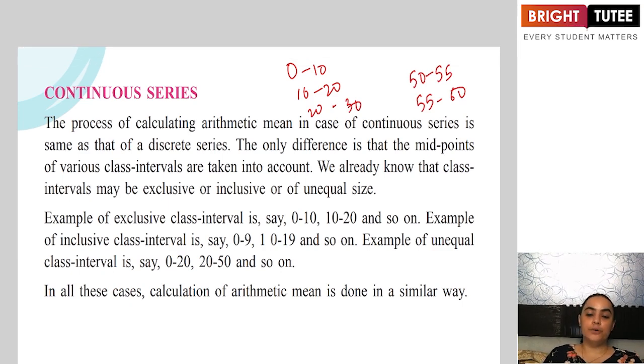So, whenever you are given a class interval, that series is known as a continuous series, and you have to calculate mean in your continuous series as well. The most important thing that we need to learn before we proceed towards the calculation of mean is to know what the midpoints of the class intervals are.